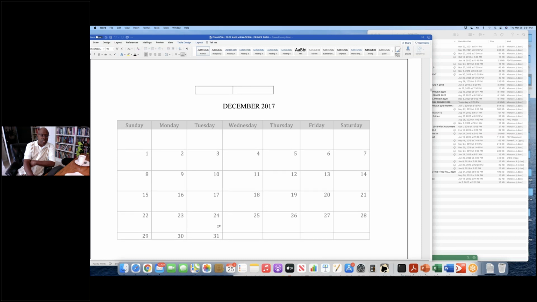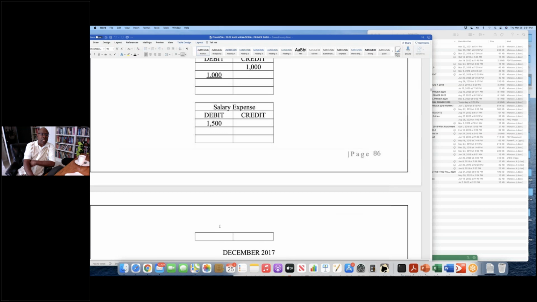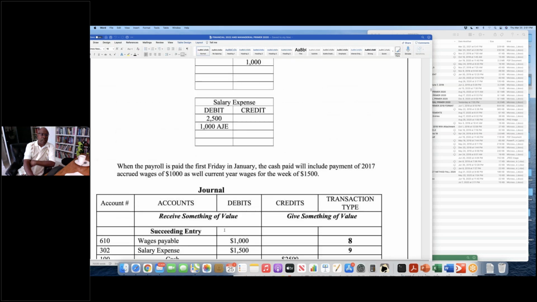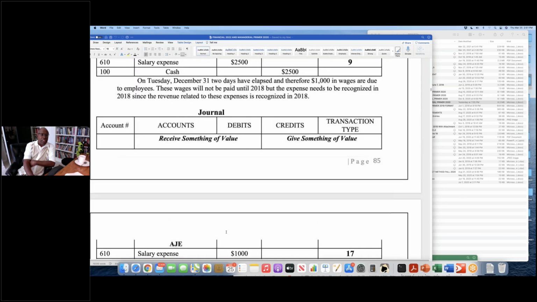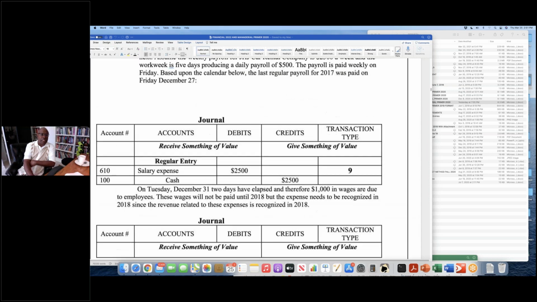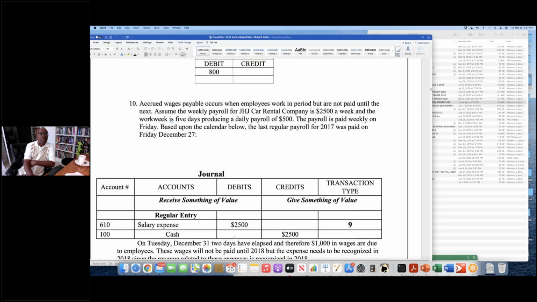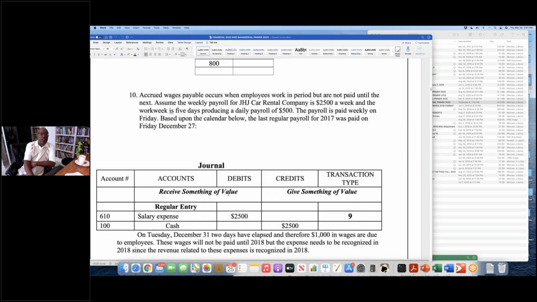And so if you work, the company is going to debit these expenses and credit salaries payable. So let's look at it again. You're making $500 a day, $2,500 a week. When the 27th comes, that's your last full check in the year.